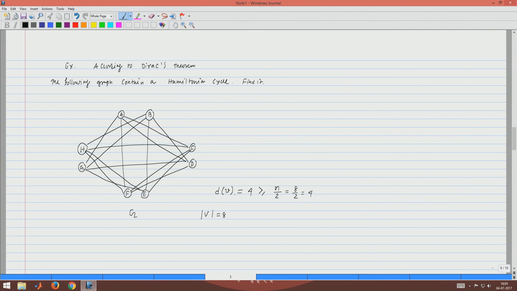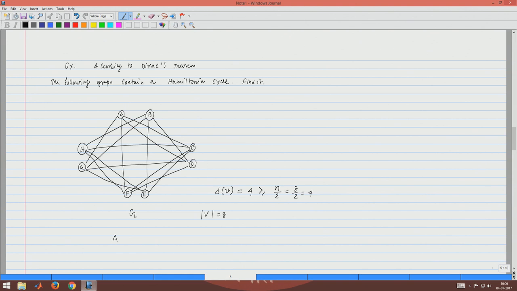So, the graph satisfies the condition of Dirac's theorem, that every vertex has degree greater than or equal to n by 2. So, the graph is a Hamiltonian graph. You find the Hamiltonian cycle in G. You can spend some time to find the Hamiltonian cycle of this graph. Let me just give the answer here.